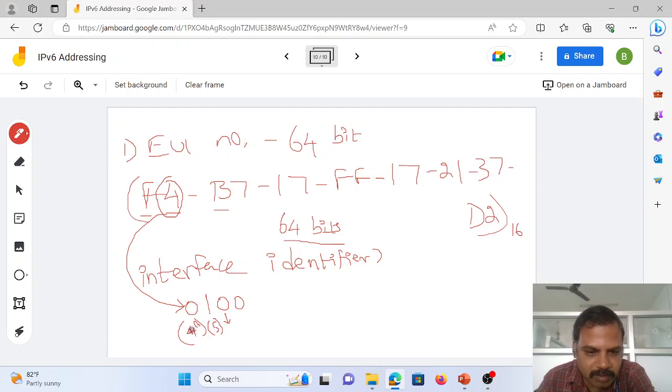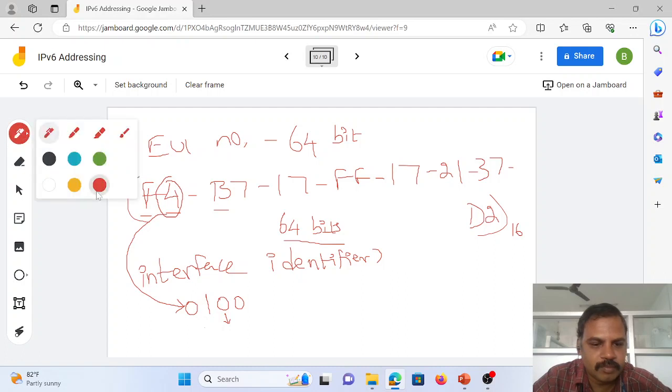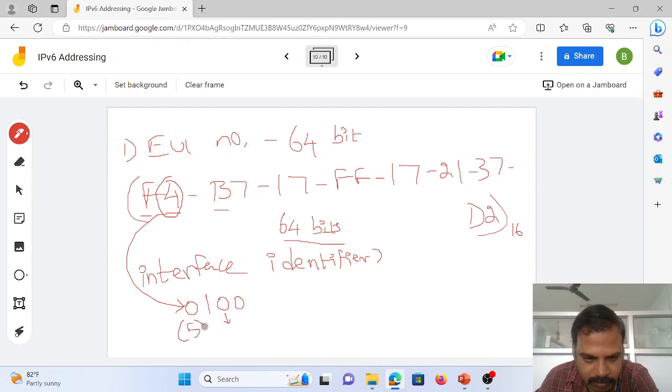Sorry, this 0 will be the fifth bit, because already 4 bits we have taken for F. So this 0 is the fifth bit, 1 is 6, seventh bit is 0. Okay. So we got to change it to 1.